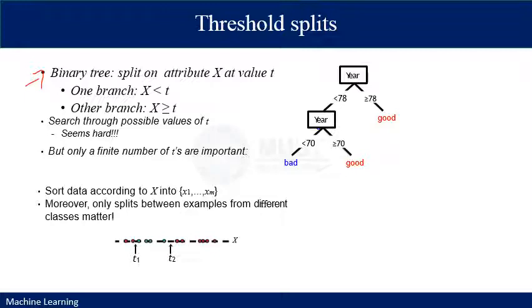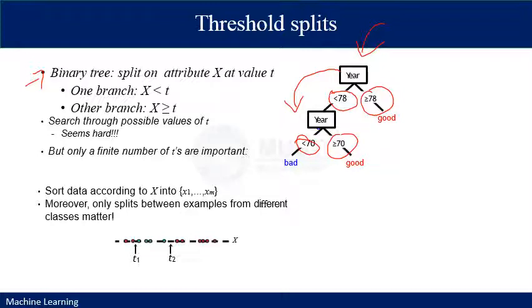For example, in the previous example, we had the model year. We divided it as a binary tree at 78, and we had the number of examples less than 78 and the other set greater than 78, and then recursively divided the year as less than 70 and greater than 70.